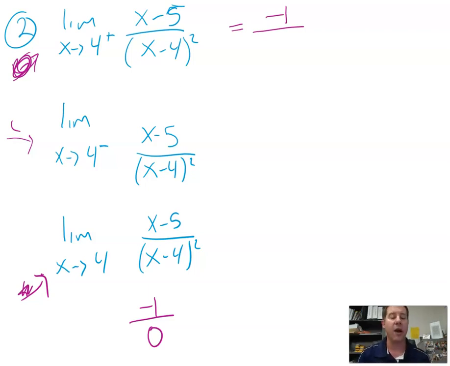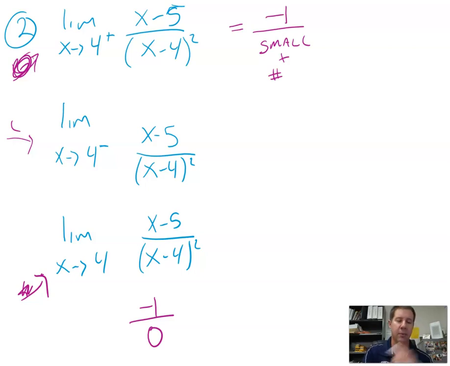And if I square a small decimal, it's going to make an even smaller decimal. So when I plug in numbers really close to 4, I'm going to get a small, because I'm squaring it, positive number.